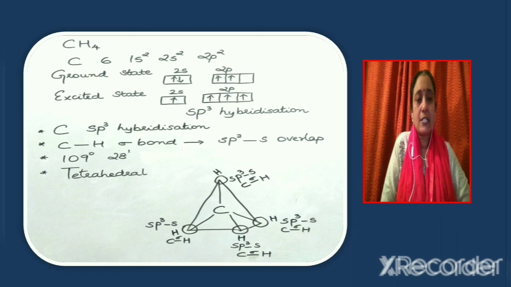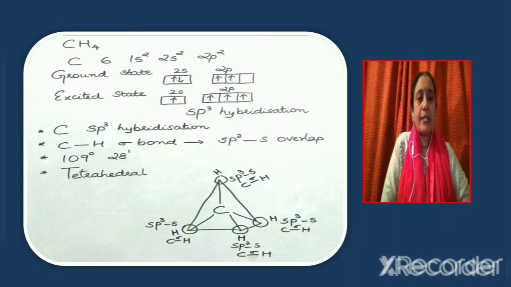In the excited state, there will be promotion of 1 electron from the 2s orbital to one of the vacant 2p orbitals. After that, one 2s orbital will mix with 3 2p orbitals to give 4 sp3 hybrid orbitals.